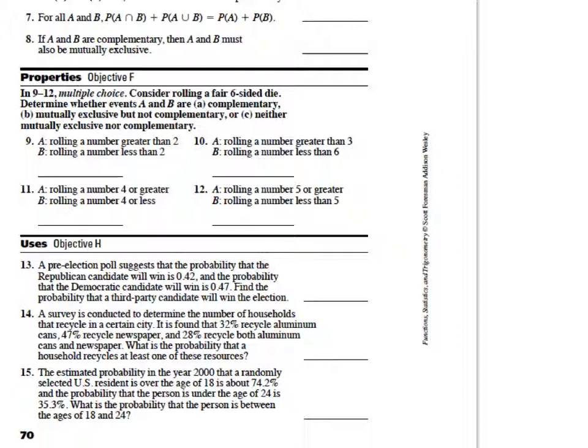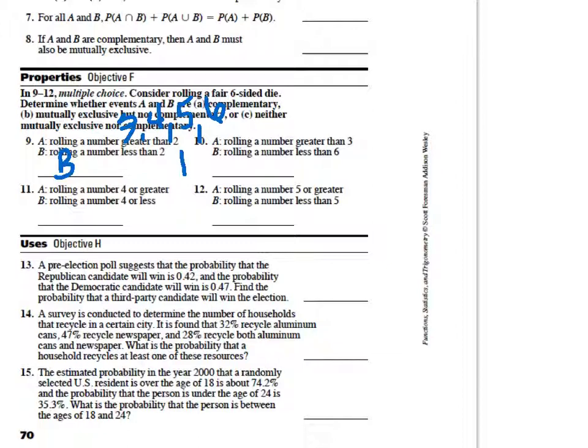Number 9, rolling a number greater than 2. That would be the numbers 3, 4, 5, and 6. Rolling a number less than 2. That's 1. Okay, so there's nothing in common there, but together their probabilities don't add to 1 because 2 isn't included. So that would be B, mutually exclusive, nothing in common.